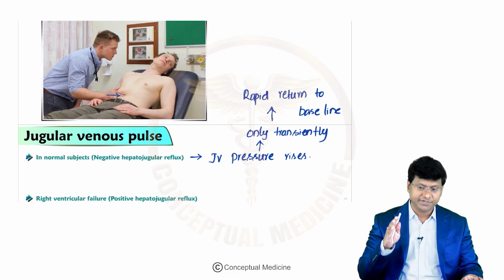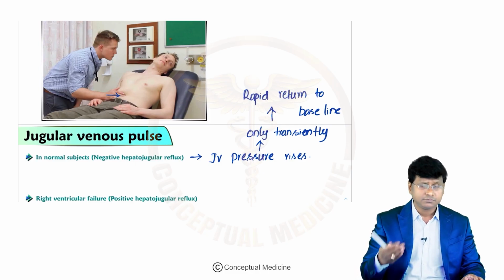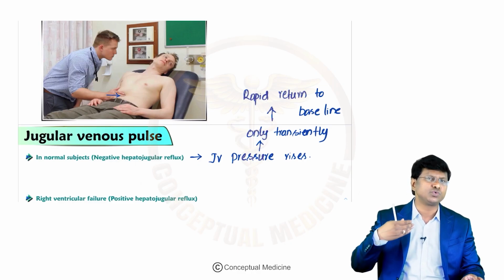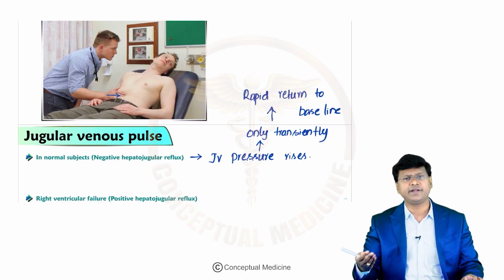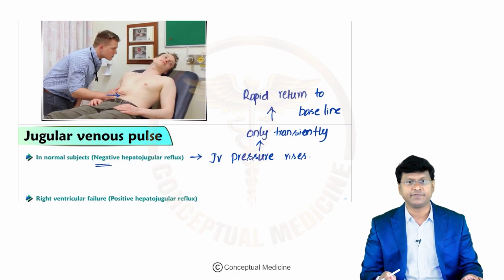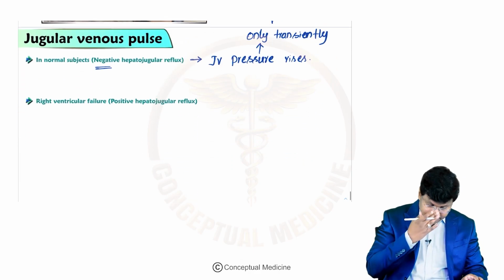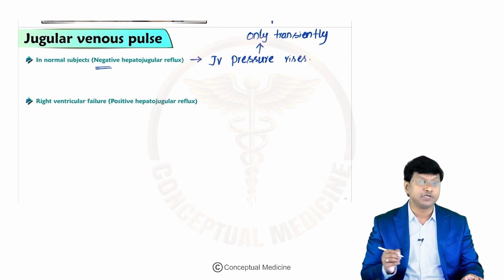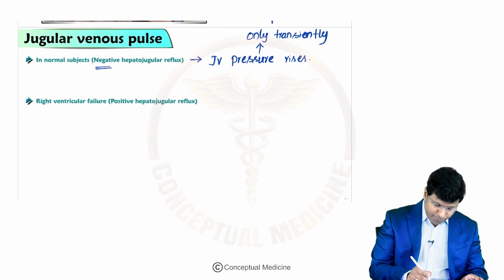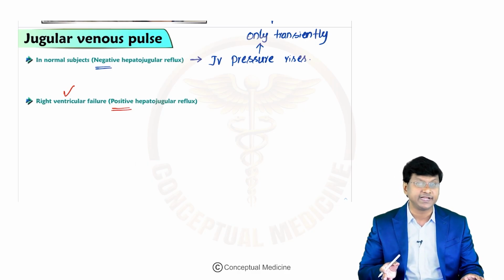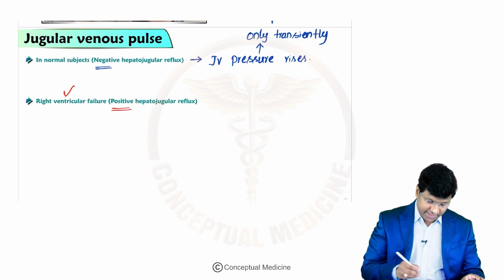So whenever you do a hepatojugular reflex, the jugular venous pressure rises only transiently with rapid return to baseline. That is what is called a negative hepatojugular reflex. Then, what do you understand by a positive hepatojugular reflex? A positive hepatojugular reflex, you will have in patients with right ventricular failure.